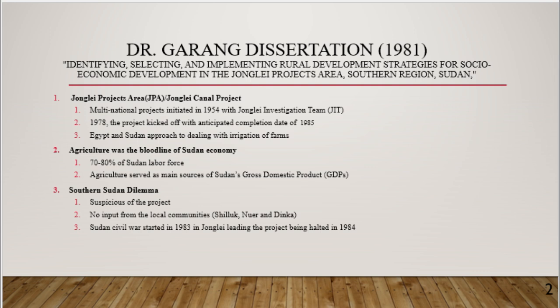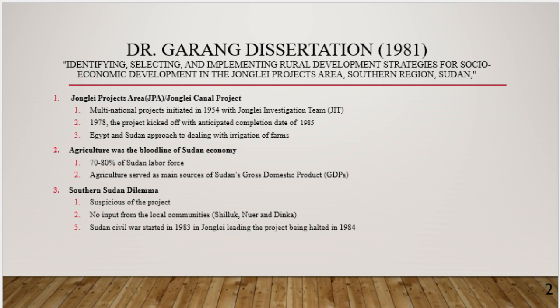They were suspicious because the local communities did not give any input at all on this project. It's somebody coming to do this project in their land. Specifically, there was no input from the Shilluk, the Nuer, or the Dinka, which are the local communities that would be affected by this project.